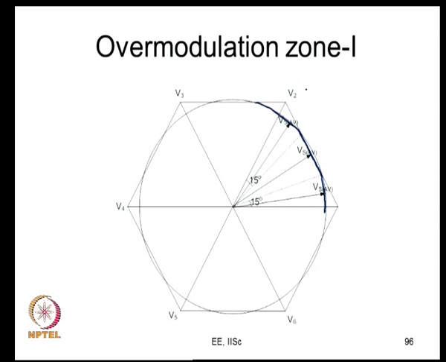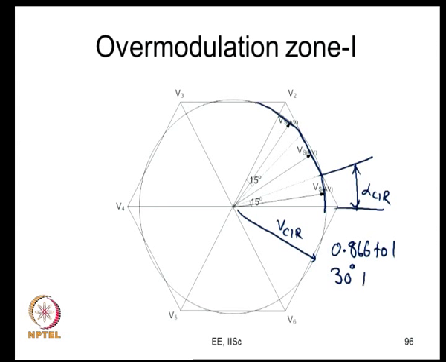This would be called overmodulation zone 1, and this radius of the circle we can probably call V circle, or we can call this angle alpha circle. What you can see is this V circle can be used to control the fundamental voltage. So, V circle can vary between 0.866 to 1, or alpha circle can vary between 30 degrees to 0 degree.